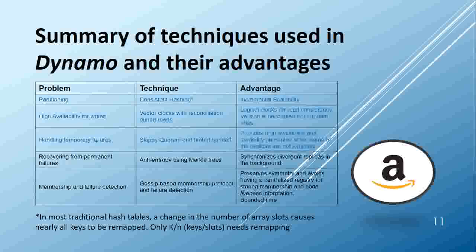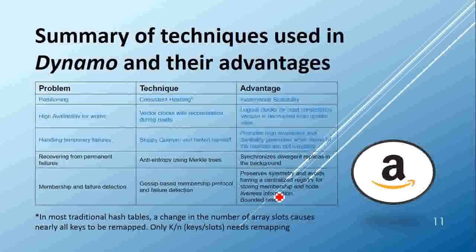For high availability, we use vector clocks, which we study in our classes, the Lamport's logical idea of vector clocks, logical clocks for read consistency. And how about handling failures? The sloppy quorum and the hinted handoff, which we are about to see in our upcoming slides. Yes, so membership and failure detection is based on a gossip-based membership protocol and failure detection.